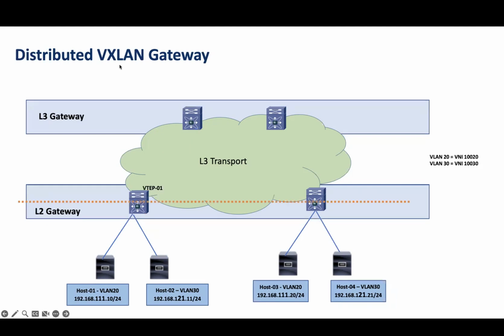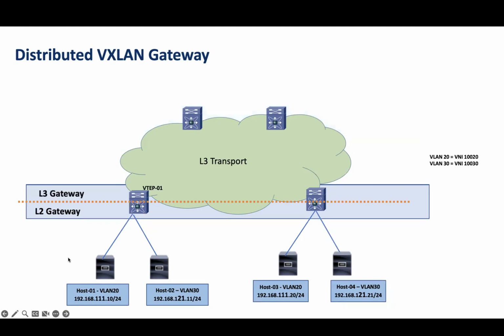So distributed Vxlan gateway allows us to move the layer 3 boundary close to the end host. Means each VTEP will act as layer 2 Vxlan gateway as well as layer 3 Vxlan gateway. All VTEPs or all leaf devices will be configured with the same gateway IP address and MAC address.